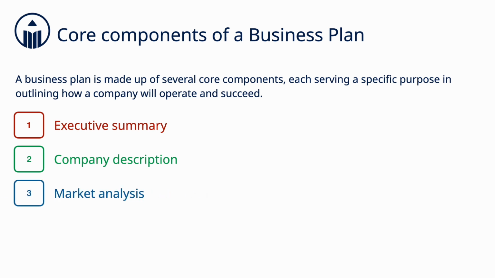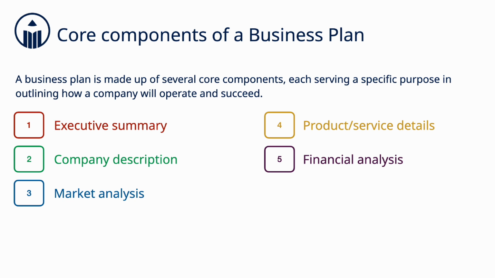In the market analysis, understanding of the industry, target market, and competition is demonstrated, supported by relevant data and insights. The product or service details section describes the offerings, emphasising features, benefits, and the unique selling point that distinguish a business from their competitors.